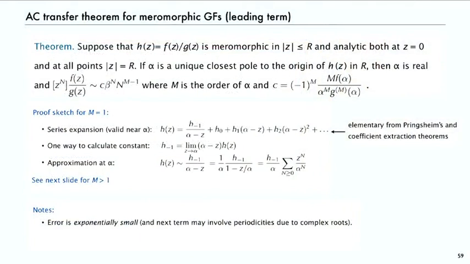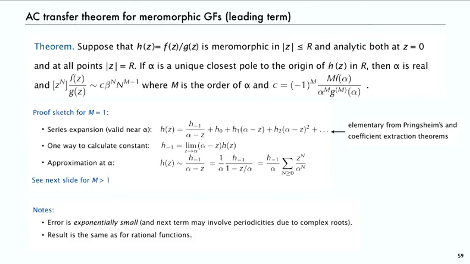So as I mentioned, the error is exponentially small. Now, if they're close to the same distance, there might be periodicities for some problems that you might have to look at. Often the next term does involve some kinds of periodicities. And the other thing to notice is if you go back and look at our transfer theorem for rational functions, it's the same.